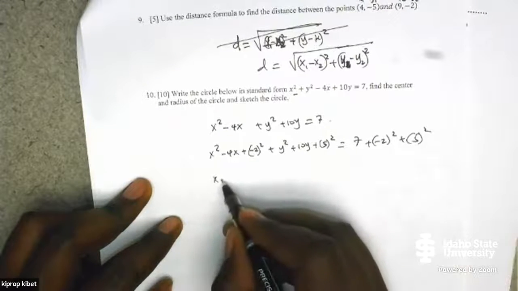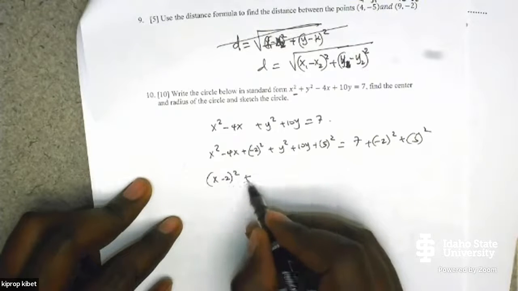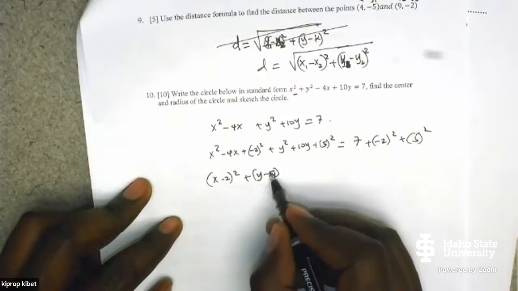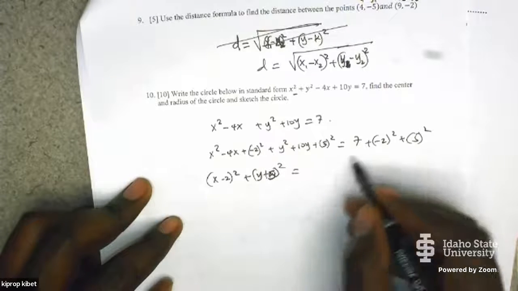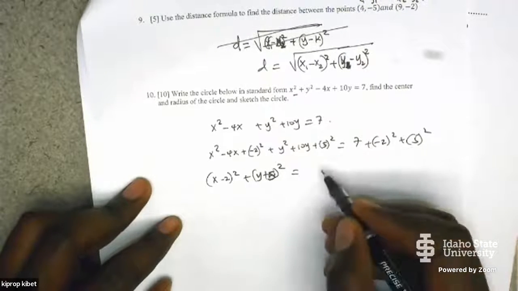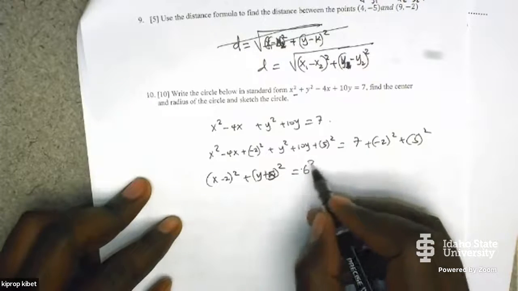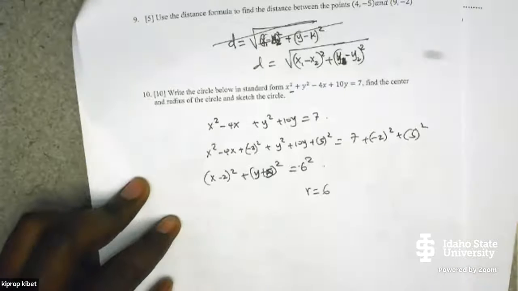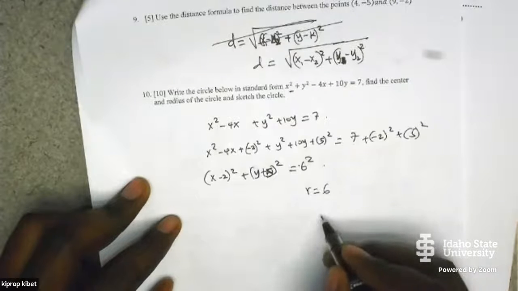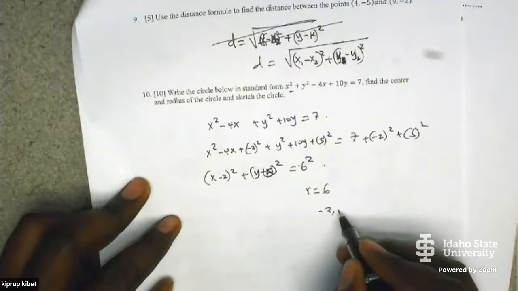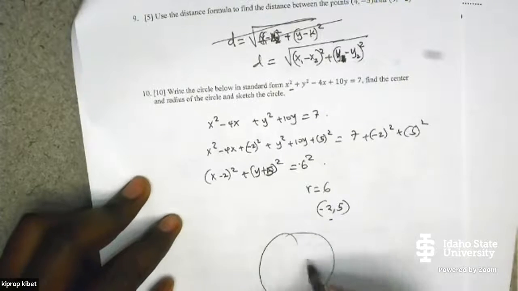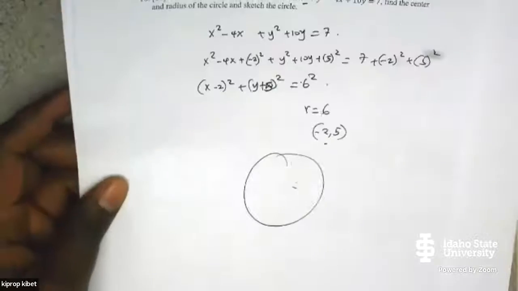So you get (x minus 2) squared plus (y plus 5) squared equals, I think it was 36, which is 6 squared. Our r equals 6. Our center is (2, -5). Then you make sure you graph.